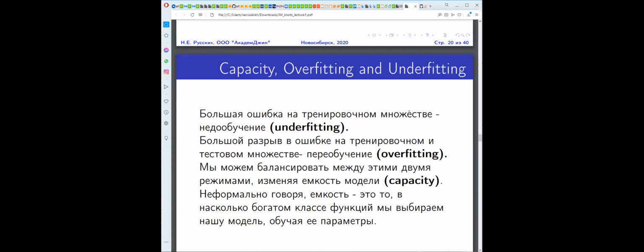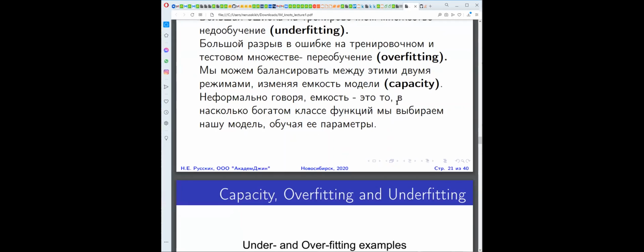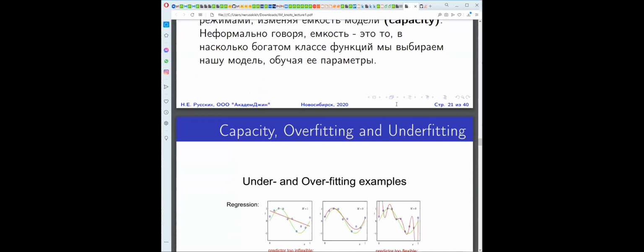But that is not enough, because the number of layers and even their width are not our only options; the models can be different from each other in other ways. Still, in general, capacity is just a measure of how complex our model is.